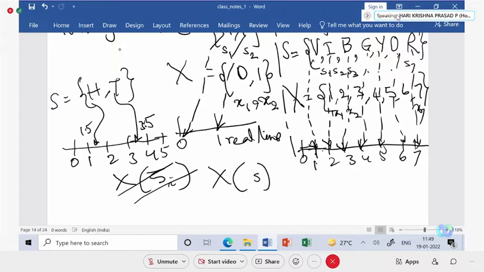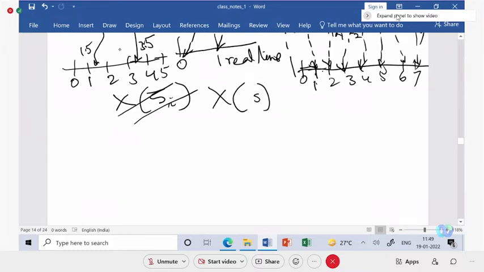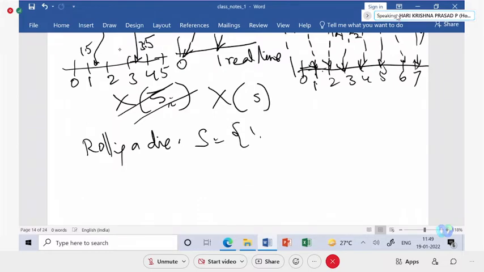Okay. So sometimes we can say, let me see rolling a die, because here also we can employ this concept. The sample space contains elements. These are the elements of the sample space.